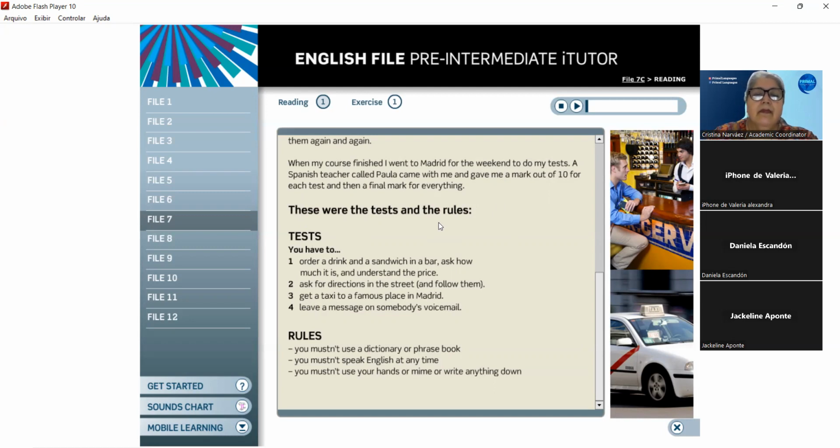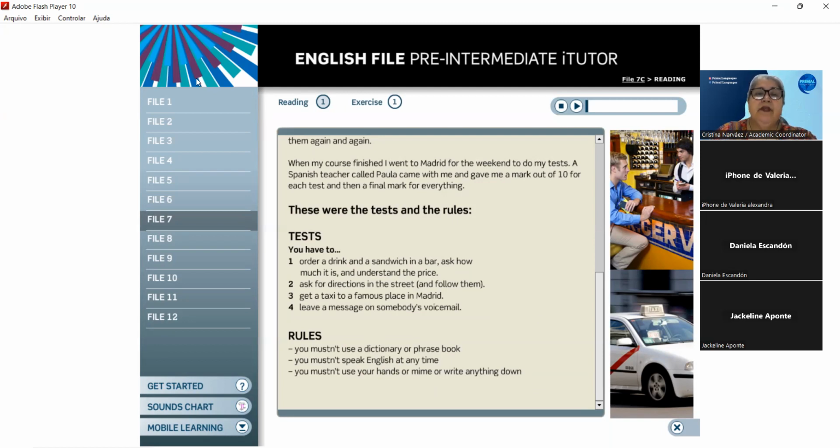Leave a message on somebody's voicemail. Continue, teacher? Yes, please. Okay. Rules. You mustn't use a dictionary or a phrase book. You mustn't speak English at any time. You mustn't use your hands or mime or write anything down. Yes, very good.